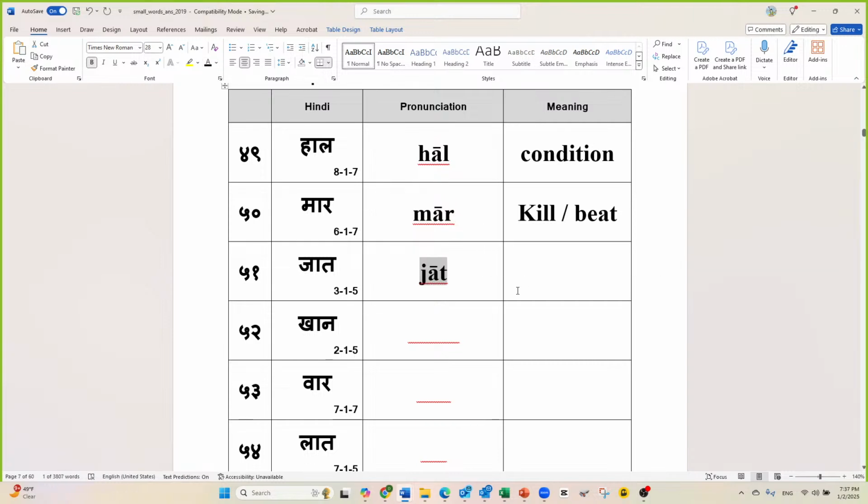And Jat means a caste. Now, what is a caste? Dhruv, do you know what is a caste? Yeah. So, depends upon what kind of work you did in India, you would be classified. Caste could be multiple ways.